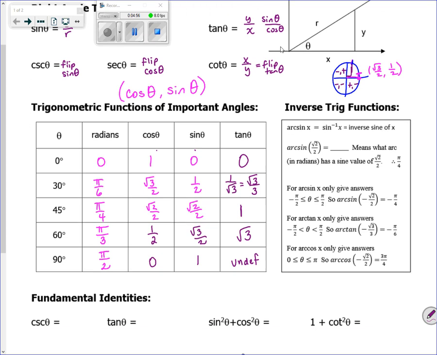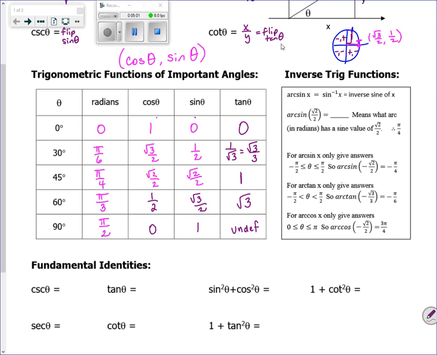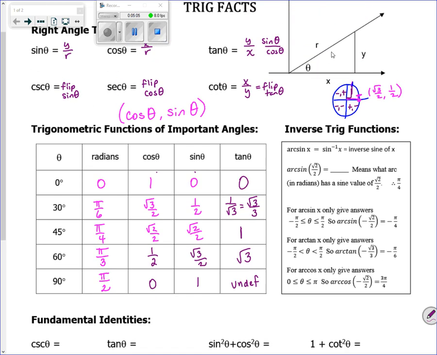I'll do the identities later, and I'll do the arc trig here. We also last year did inverse trig functions. Remember that that could be denoted two ways, arc sine or inverse sine, which is sine to the -1. That's not 1 over sine, which is confusing.